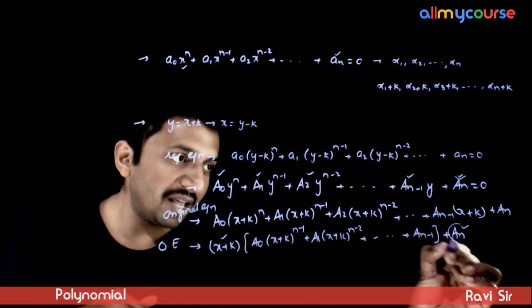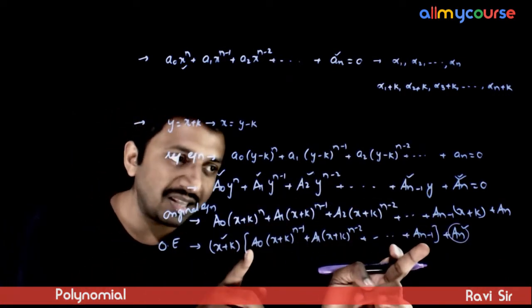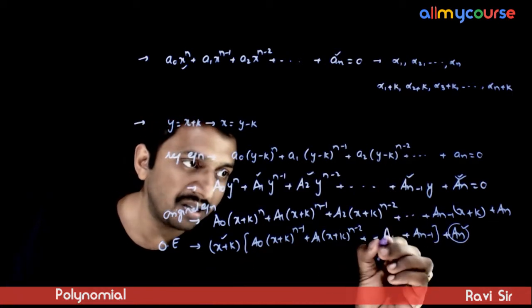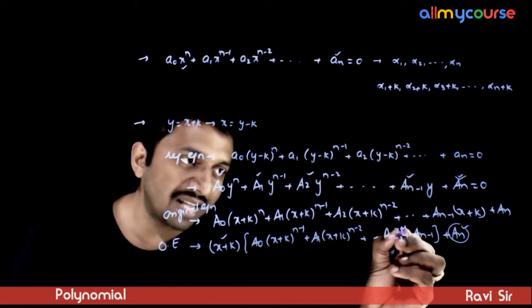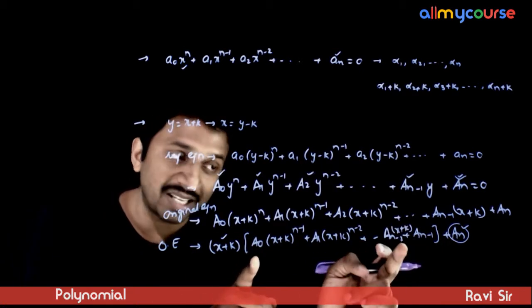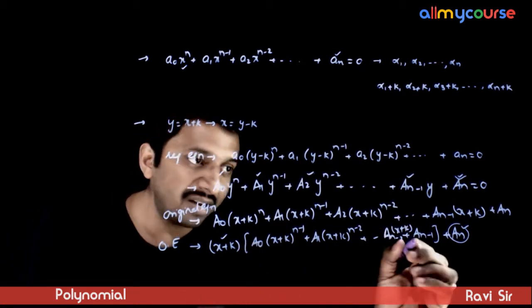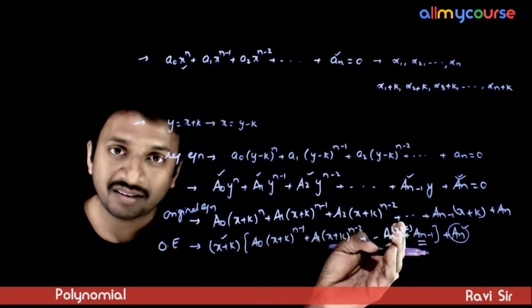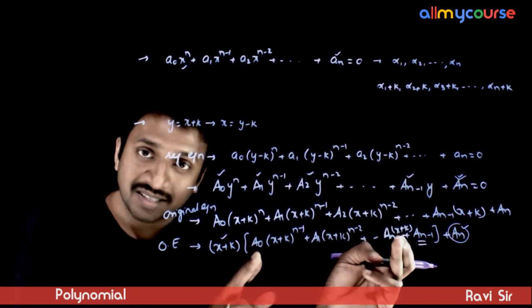Now once you get an, the quotient is nothing but this. In the quotient, you get an minus 1 along with the terms in (x plus k) again. So if you divide this again by x plus k, the remainder will be the next coefficient, and you get some quotient.